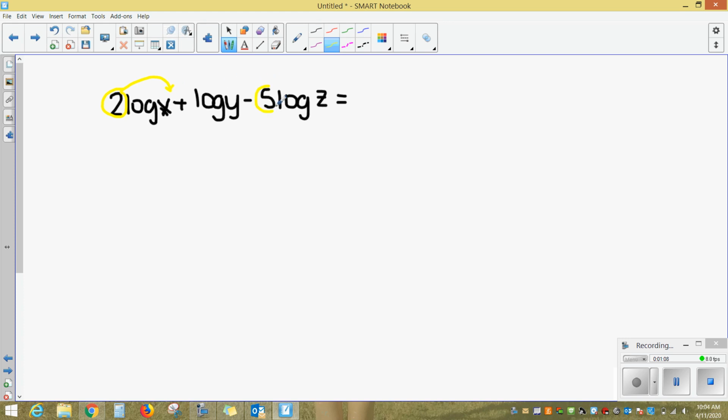So any of these coefficients here are going to go back in as exponents. So 2 log of x becomes log of x squared. The y already had a 1 for a coefficient, and the 5 goes back in on the z as z to the 5th.